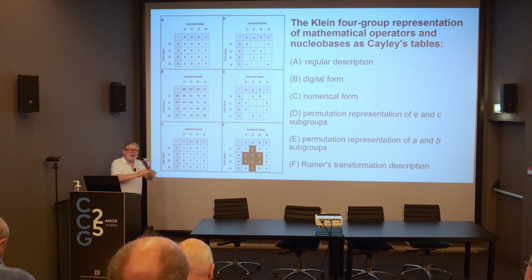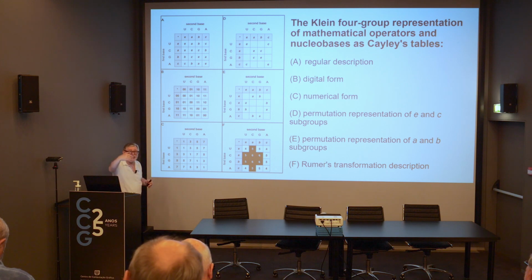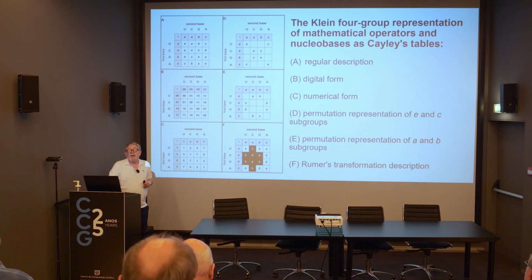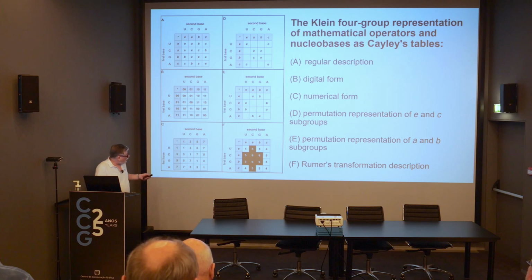So there are some switches at the first base, at the second base, and at the third base. In that context, we obtain regularities. So black fields are not dependent on a third base, and white fields do depend.